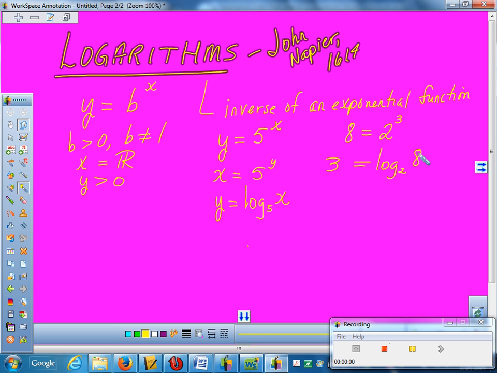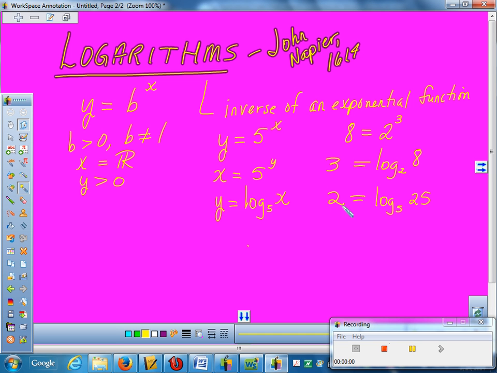So when you see a log, you need to think of the base. 2 to what power makes 8? 3. So if I was to give you log base 5 of 25, you would think 5 to what power makes 25? Yeah, 5 squared is 25, so the answer would be 2.